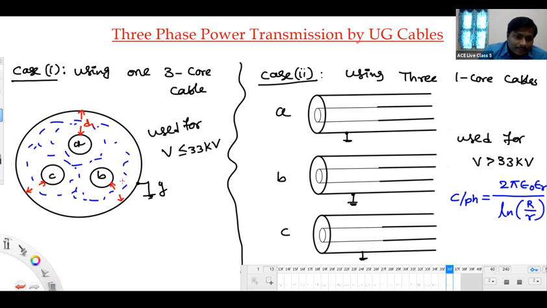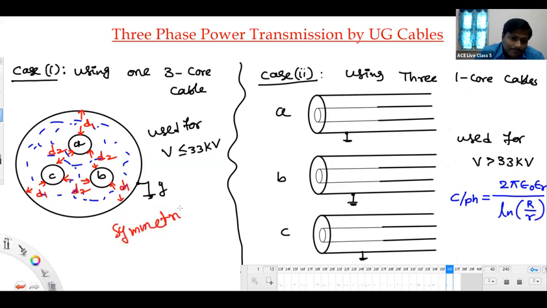Similarly, the distance from A to B, B to C, and C to A, these three are also equal. That is D2. Outer distances are D1, D1, D1. This is the meaning of symmetrical cable.